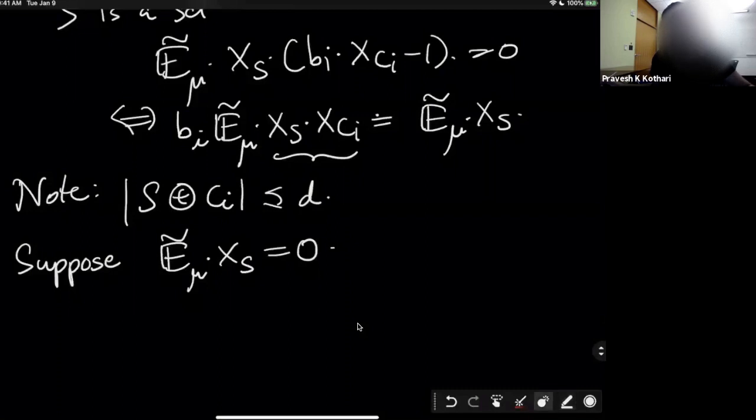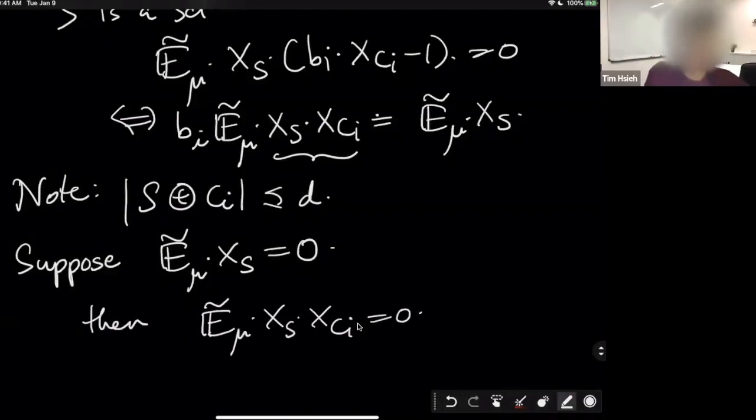That's what it means, right? Then I claim that in fact this is also 0. And this is a one-liner, so please unmute yourself and tell me why. This is mostly a question of whether you recall the proof from last time. Because x_s was not derived, this is not derived also.